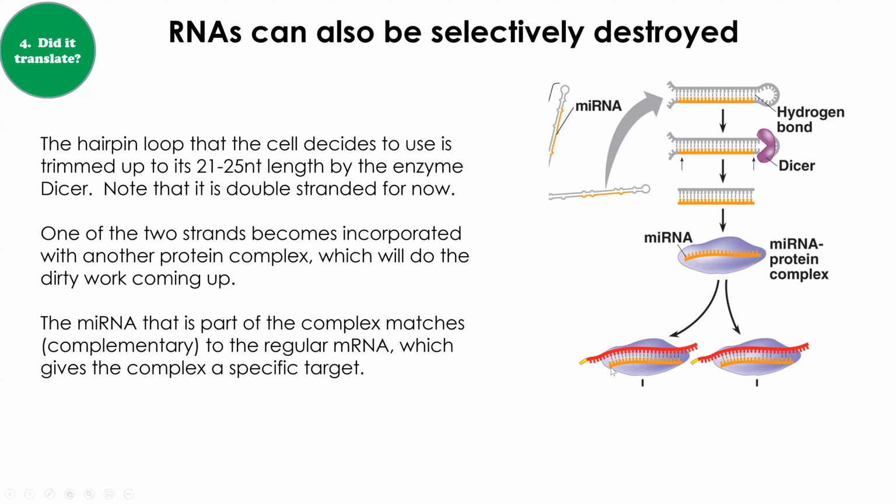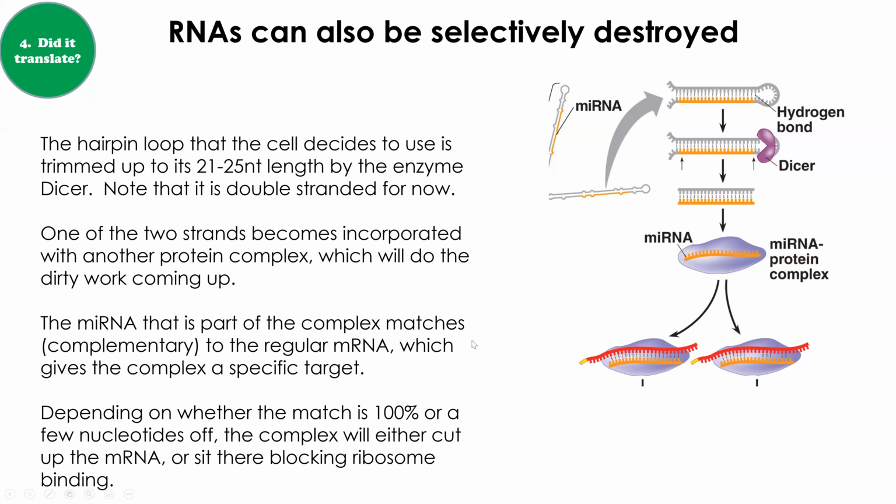Notice it's just matching this short region, and it's going to help target this protein complex to this messenger RNA. So we have two scenarios here. One of them, notice, is completely 100% base paired. The other scenario, we may have some mismatches here that don't exactly pair, but for the most part, we're going to be base pairing.